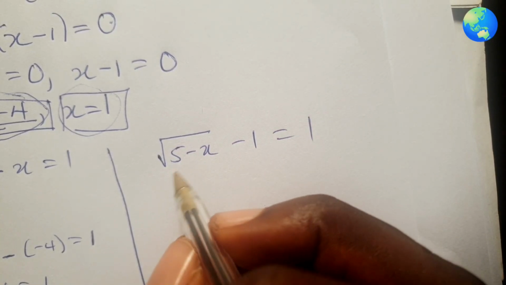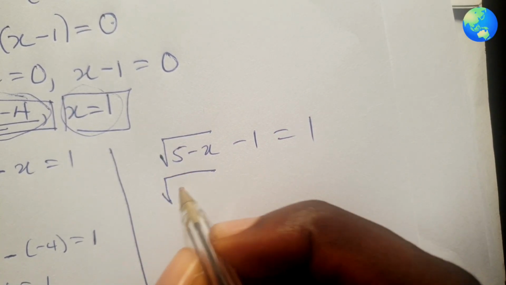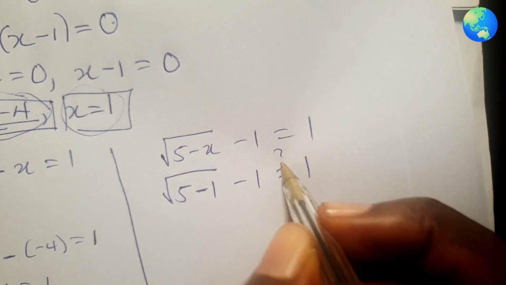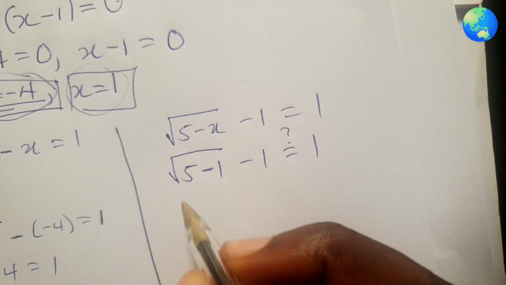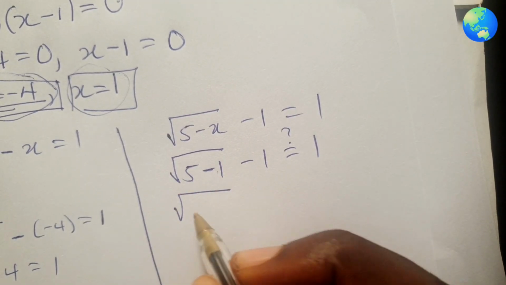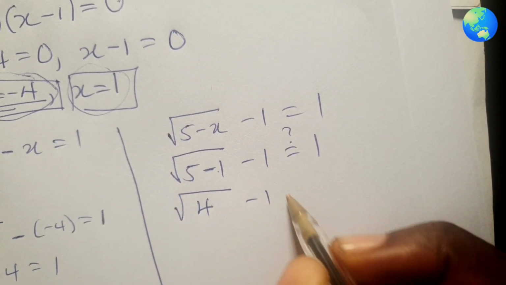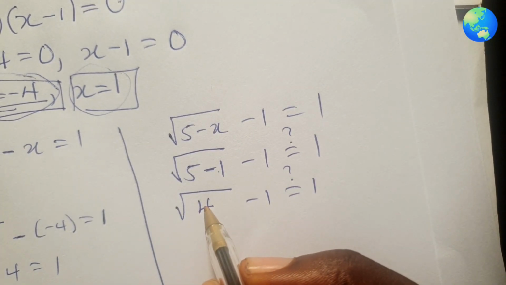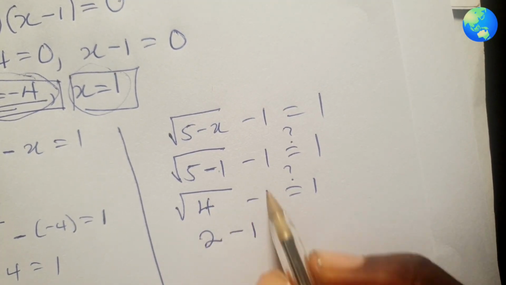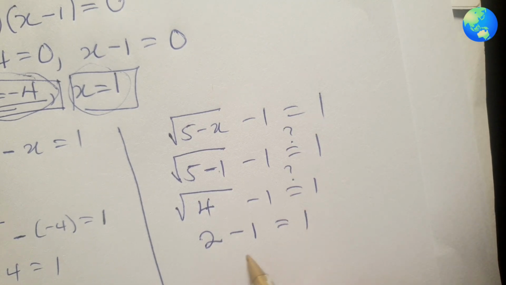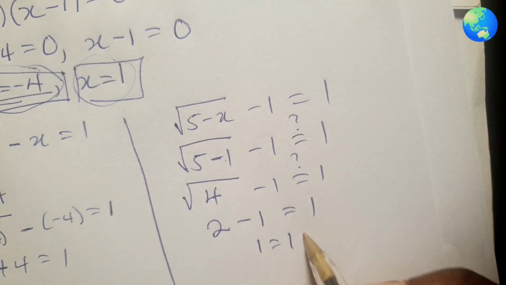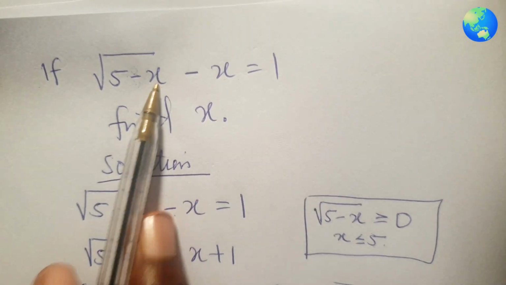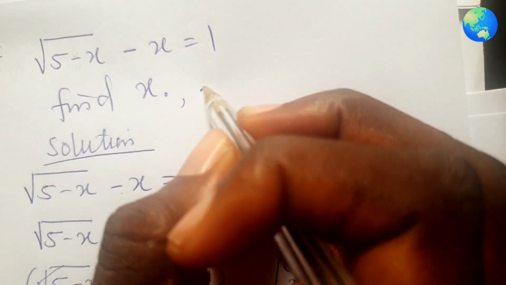So we have square root of 5 minus 1, minus 1, is it equal to 1? That's square root of 4, minus 1. Square root of 4 is 2. 2 minus 1 is clearly 1. So 1 equals 1. That means our valid answer for this question is x equals 1.